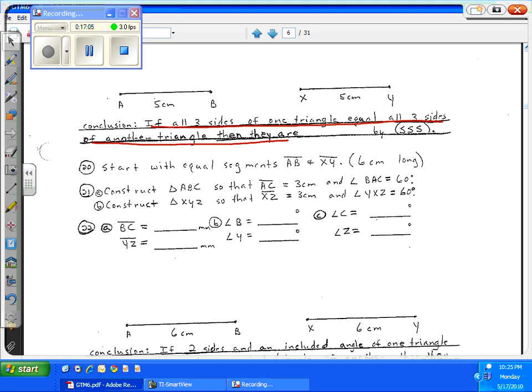We're concluding that if all three sides of one triangle are equal to all three sides of another, then they are congruent by side, side, side, which is a rule on the next page.